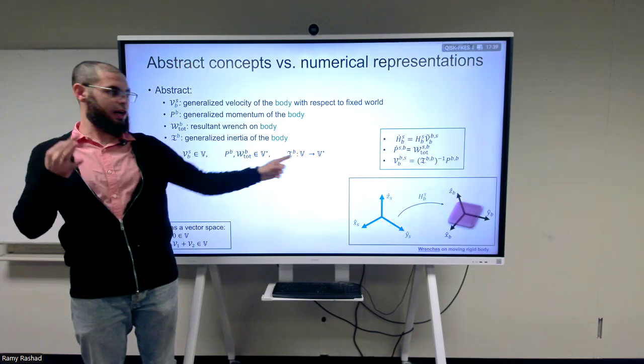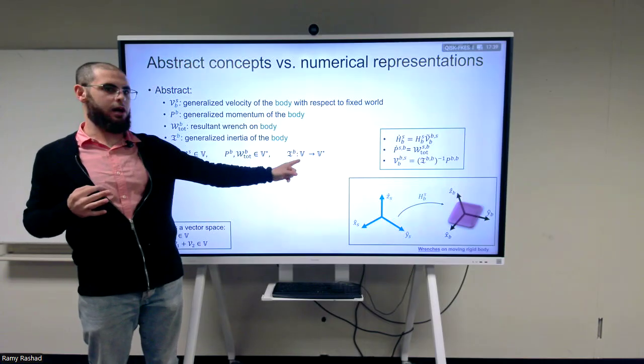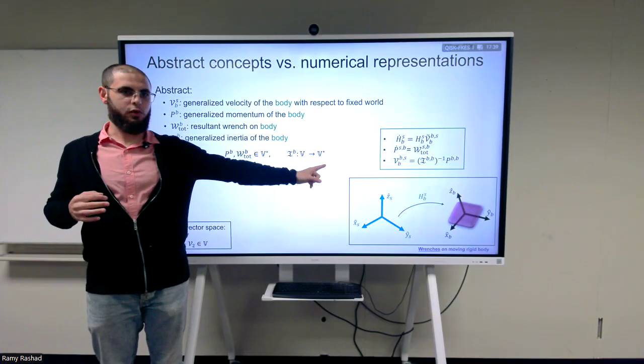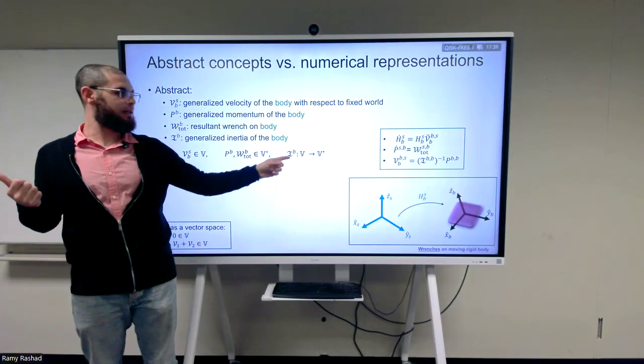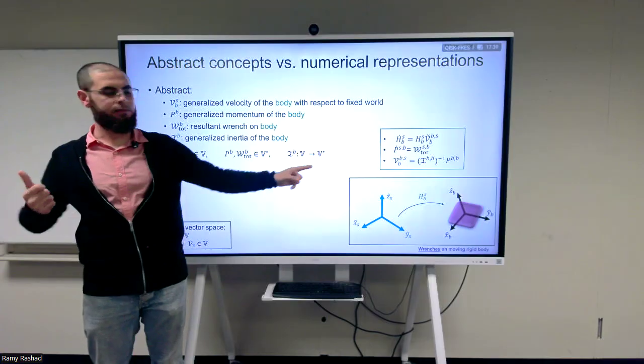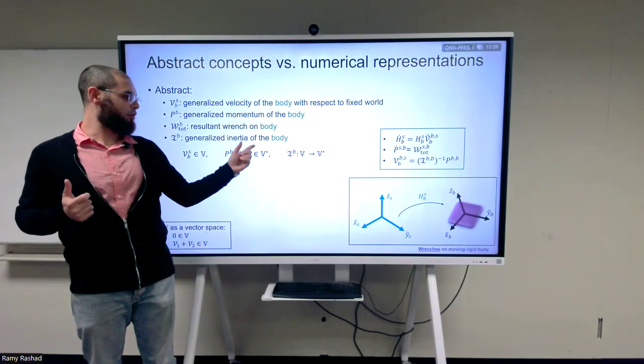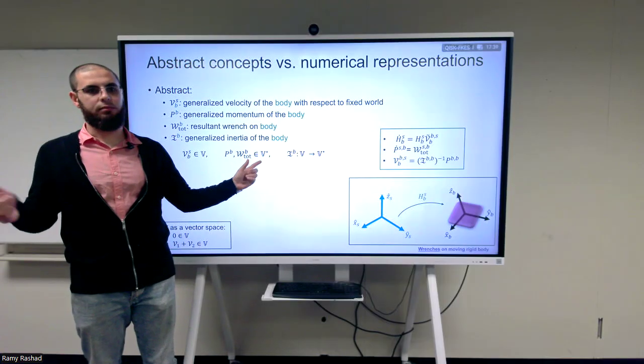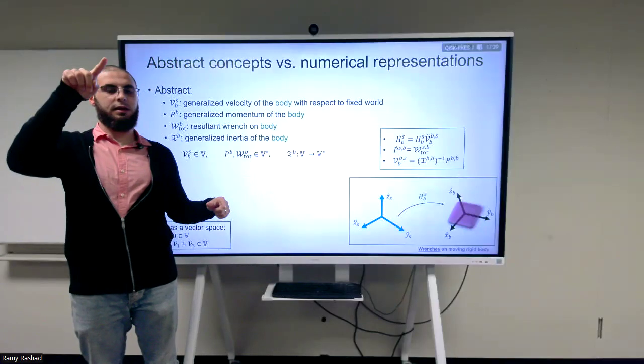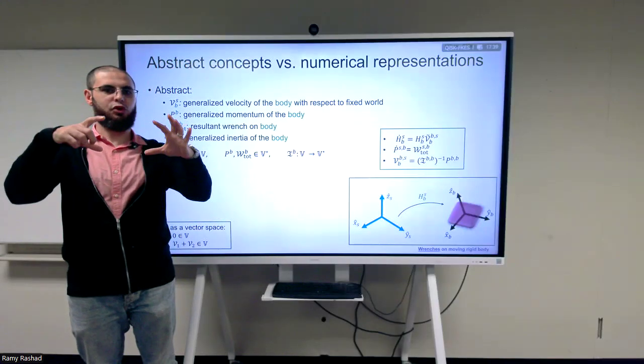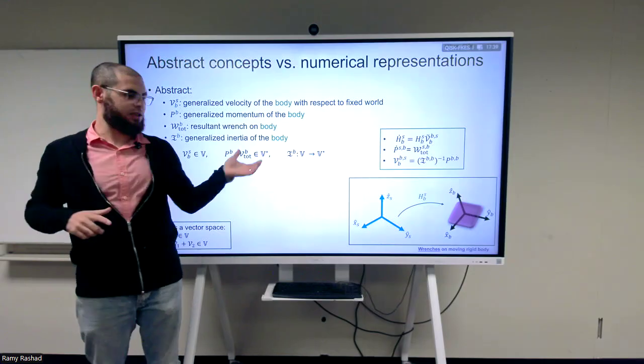So there are actually three types of maps here. There is the I that eats a vector and goes to a covector. We called endomorphisms those that eat a vector and spit out another vector. And you have covectors that eat a vector and spit out a number. You remember the endomorphisms, inside of it were the automorphisms, and you had the V star. This is the special case here.